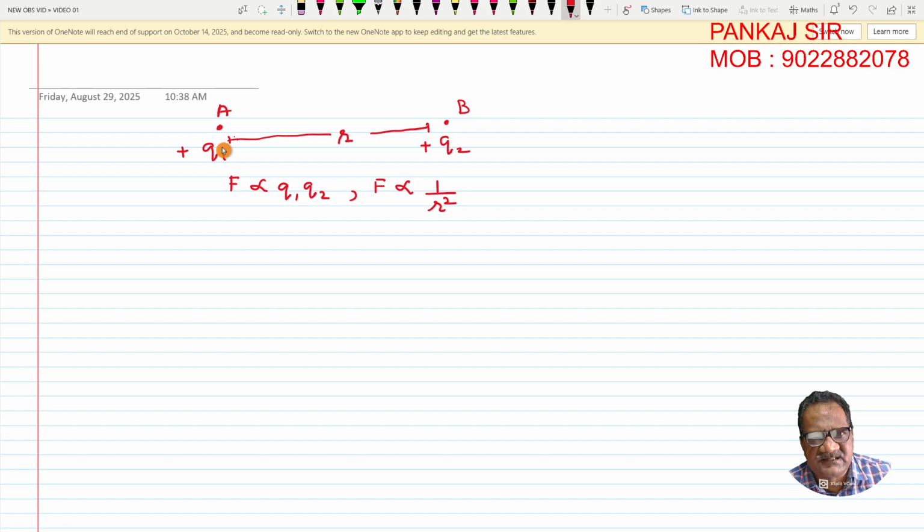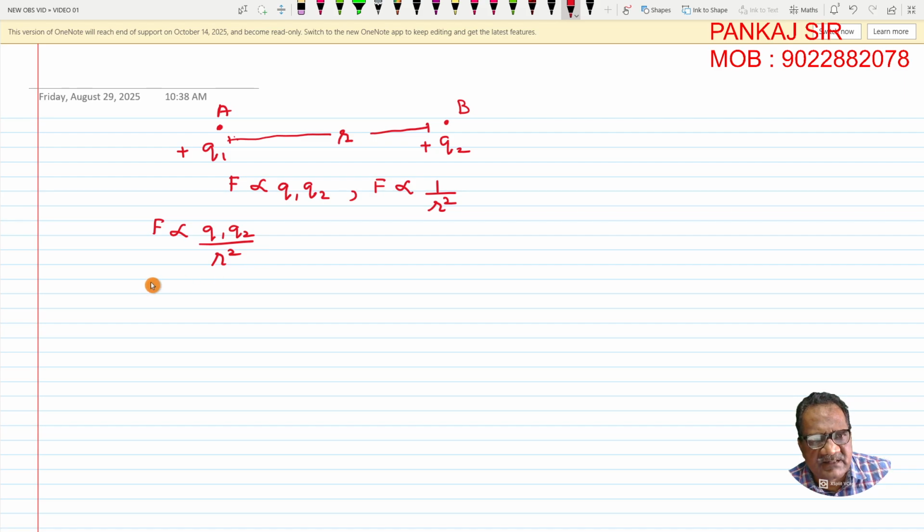The distance between them is R. So F will be inversely proportional to the square of R, that is R square. If you combine these two, you get F directly proportional to Q1 Q2 divided by R square.